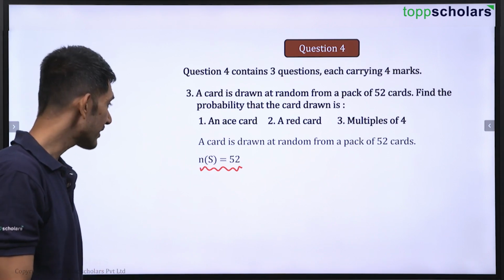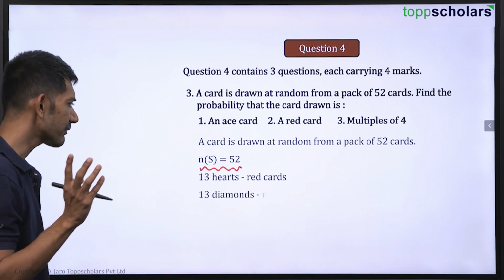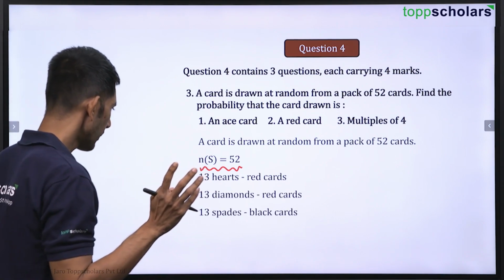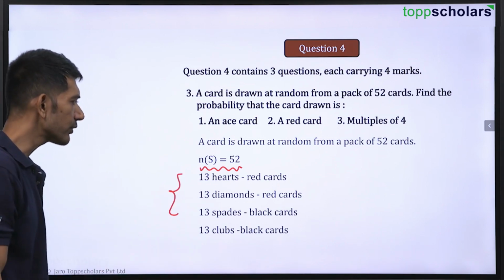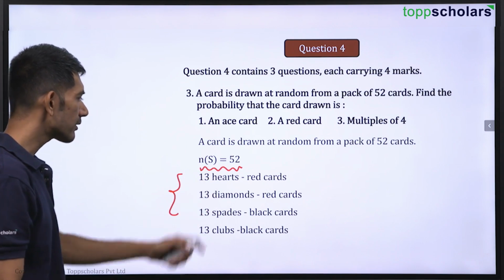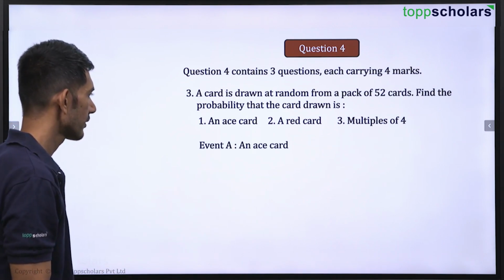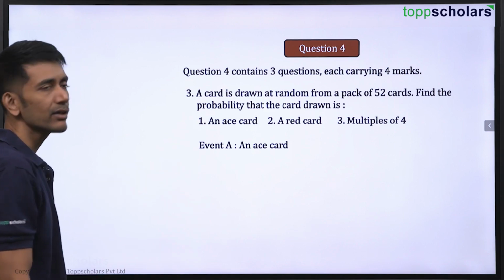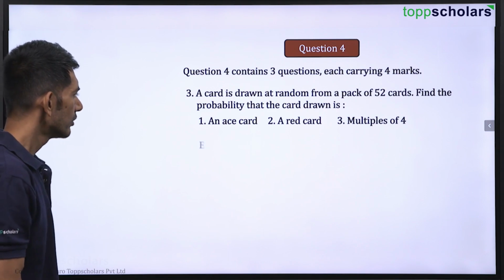So how many ace cards are there? Can I say there are 4 ace cards? But before that, the total number of cards, if you see, are 52, out of which 13 are heart, 13 are diamond, 13 are spade, 13 are club. Correct? Anyways, this information is not that needed.